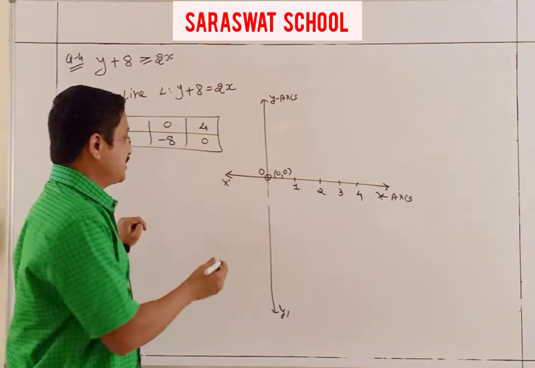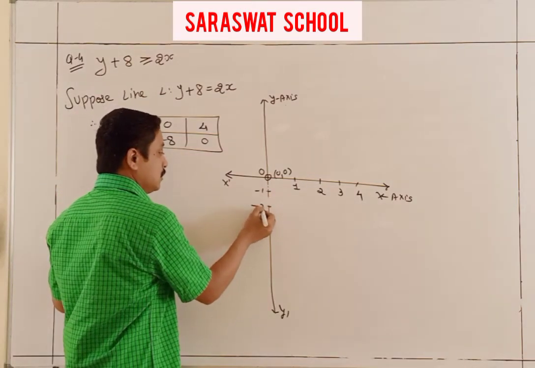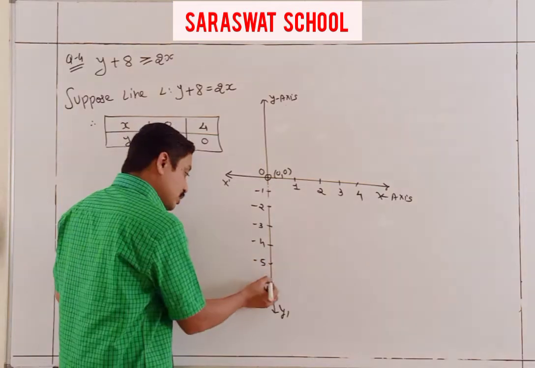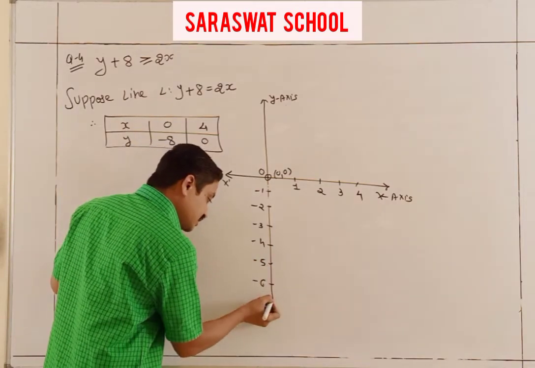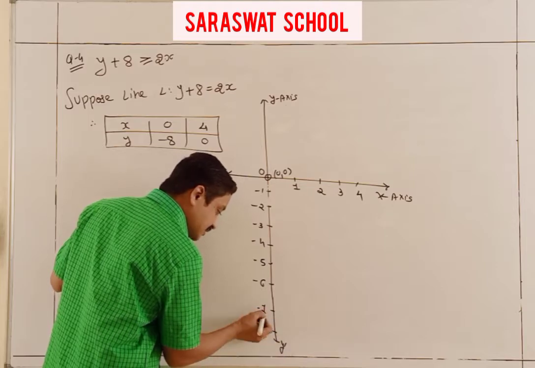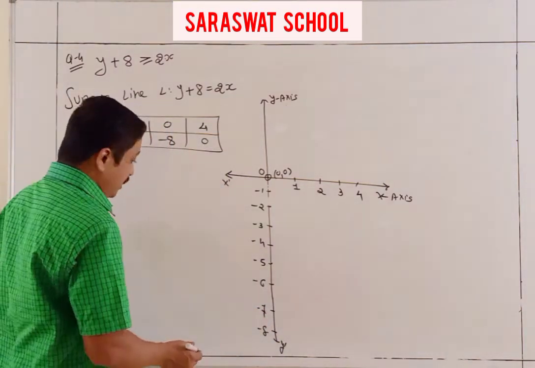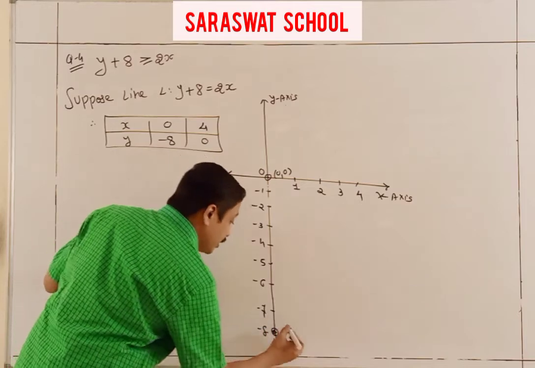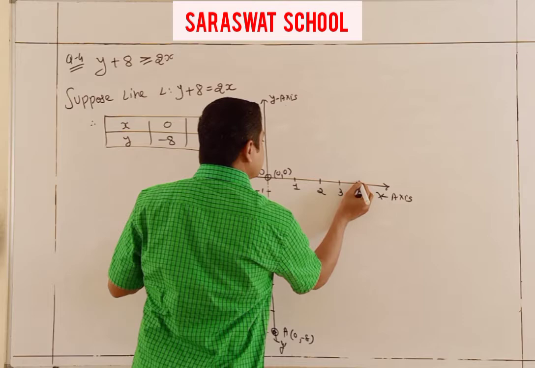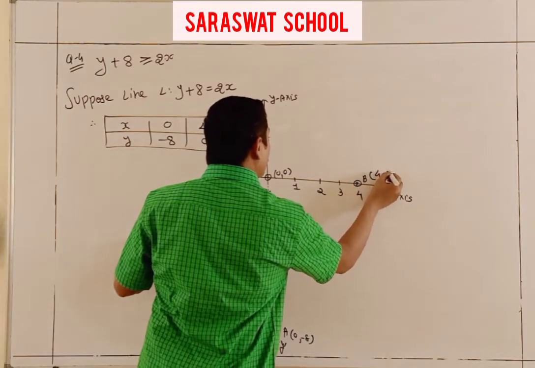Here minus 8: minus 1, minus 2, minus 3, minus 4, minus 5, minus 6, minus 7 and minus 8. Here is your y axis, and that point is here. Point A is 0, minus 8, and that is B point 4, 0.